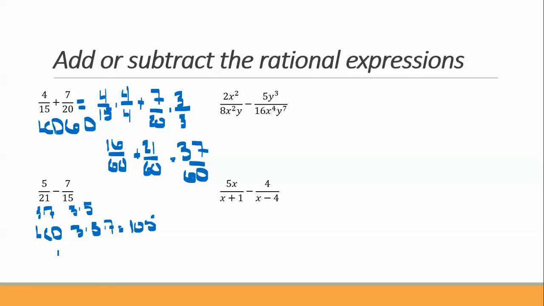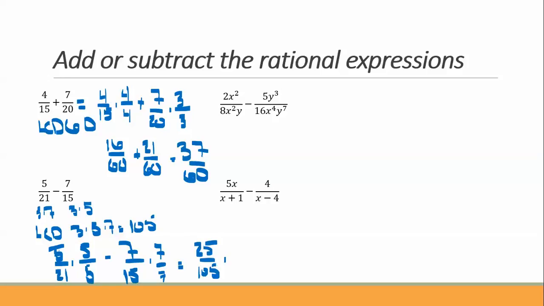So when we add and subtract our fractions, we want to do 5 over 21 times 5 over 5, minus 7 over 15 times 7 over 7. That's equal to 25 over 105 minus 49 over 105. So that is negative 24 over 105.